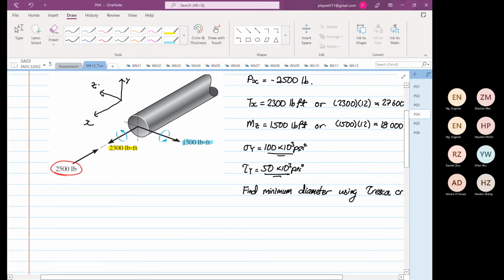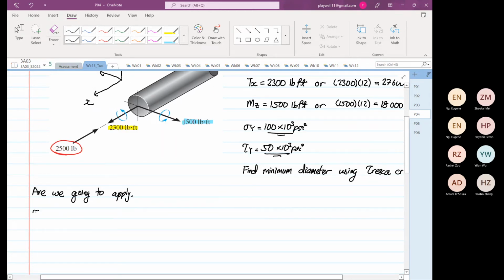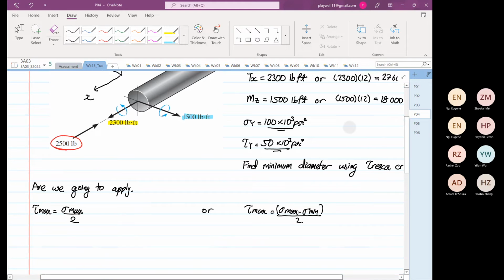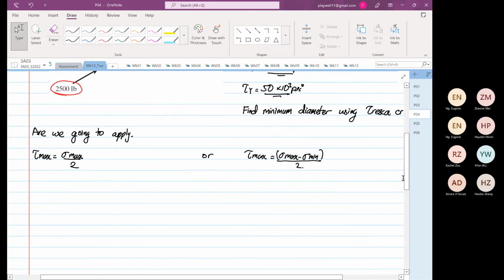It has two forms because are we going to apply tau max is equal to stress max divided by 2, or are we going to apply tau max is equal to stress max minus stress min, divided by 2?